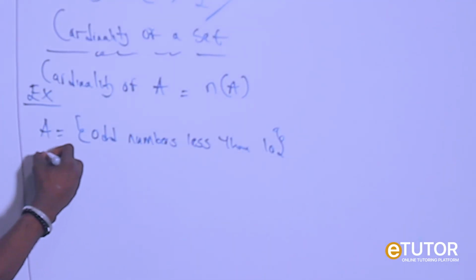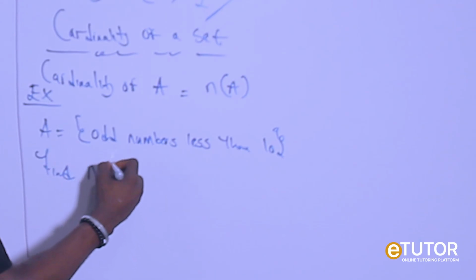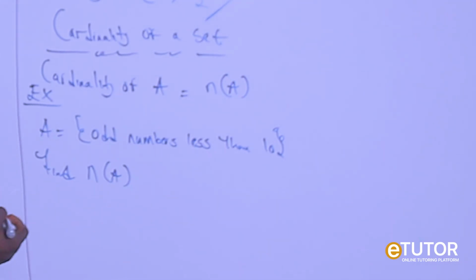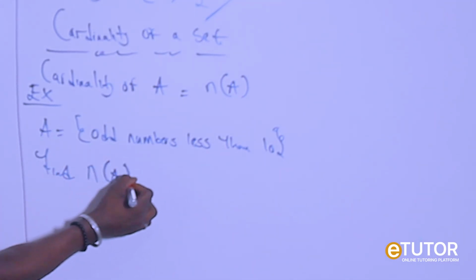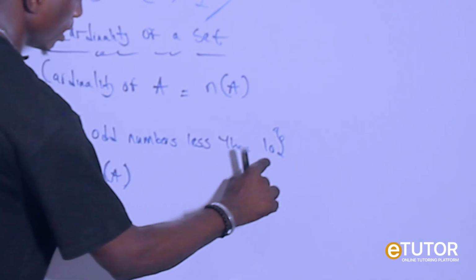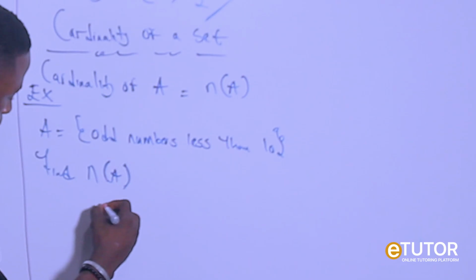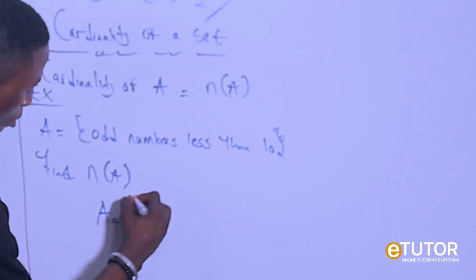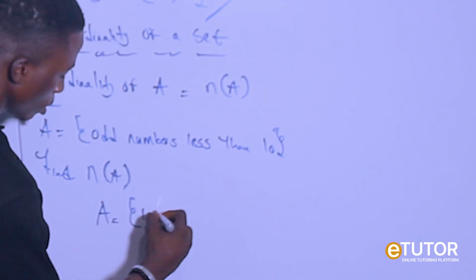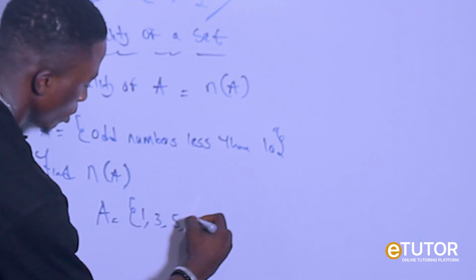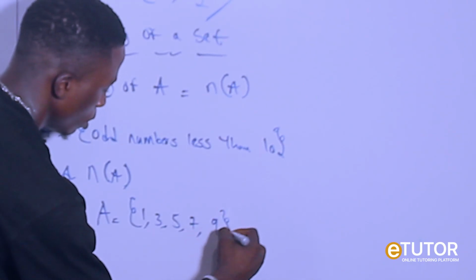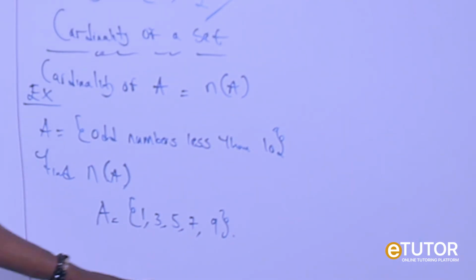I'm now asked to find n(A), and n(A) means the cardinality of A. So first I have to write out my set A, which is the set of odd numbers that are less than 10. So my set A is simply, the first odd number less than 10 is 1. The next is 3, 5, 7, and 9. So these are the odd numbers that are less than 10.